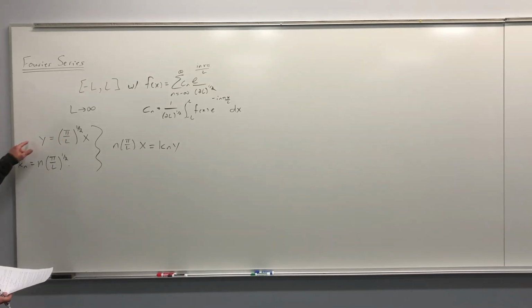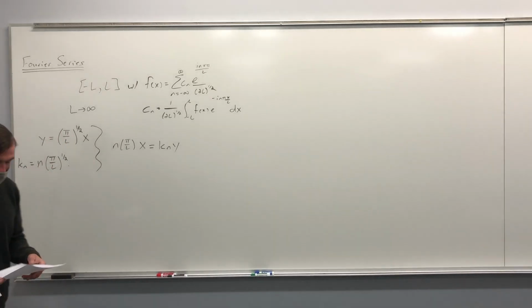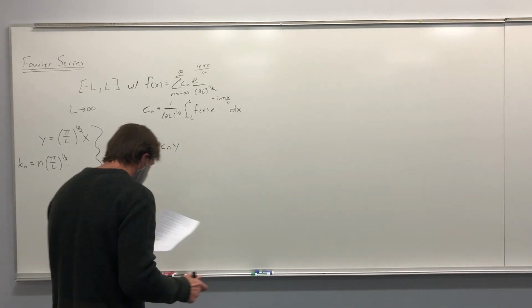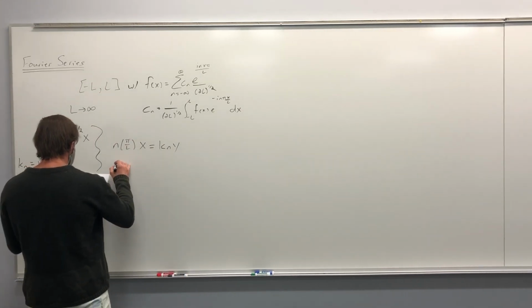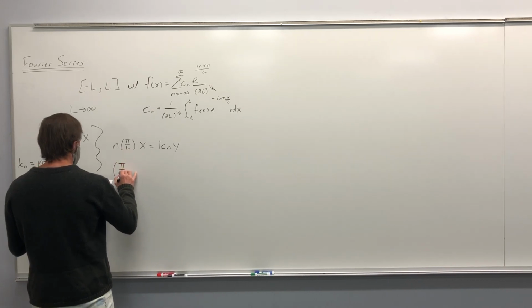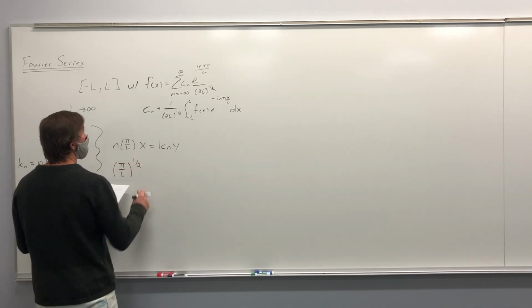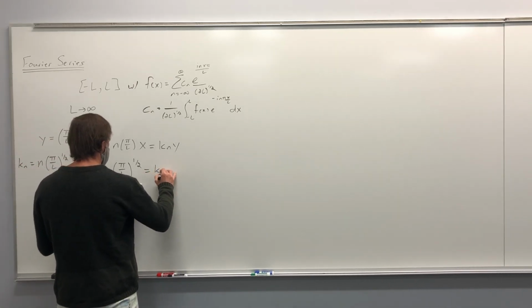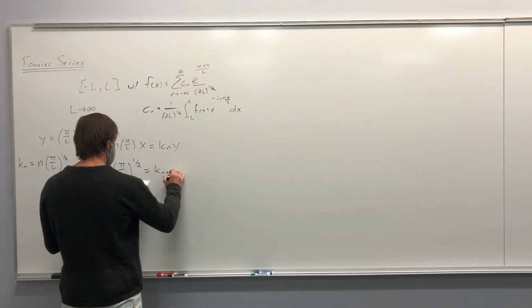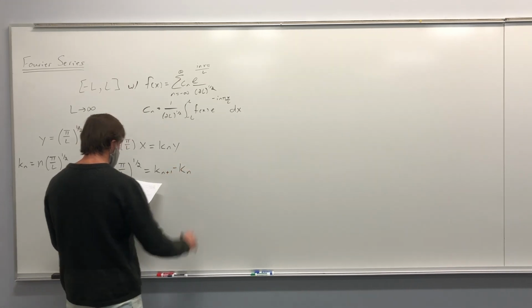Now that's our first redefinition. Now we can also take pi over L to the 1/2, and we can recognize that that is just Kn plus 1 minus Kn.